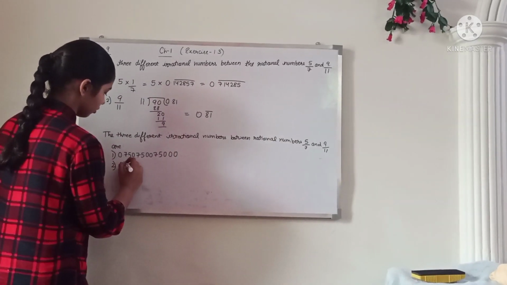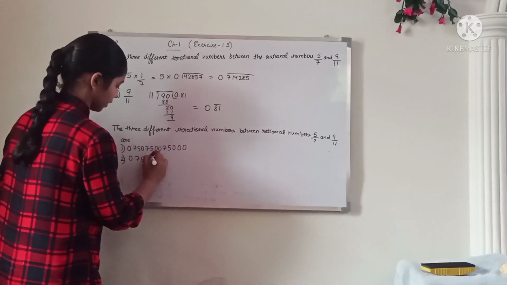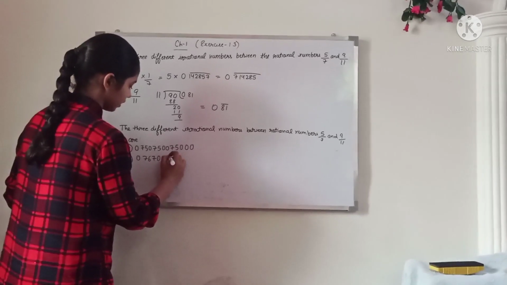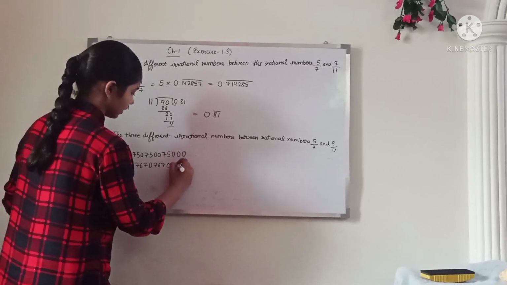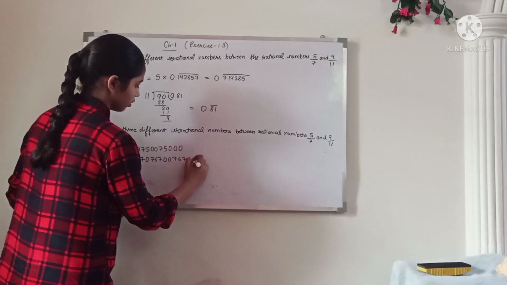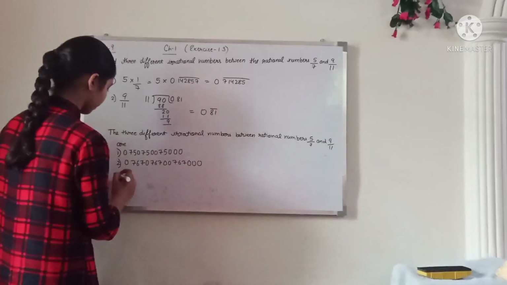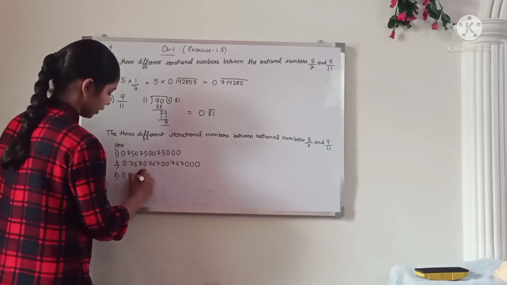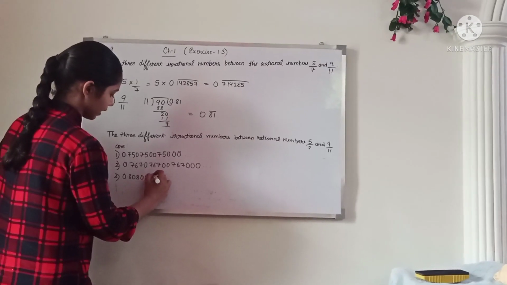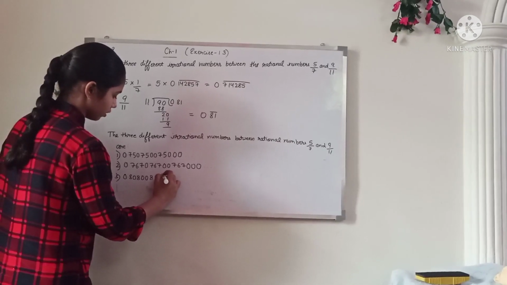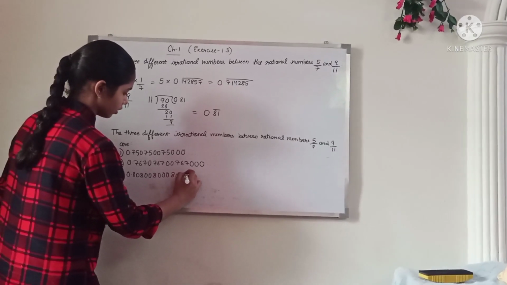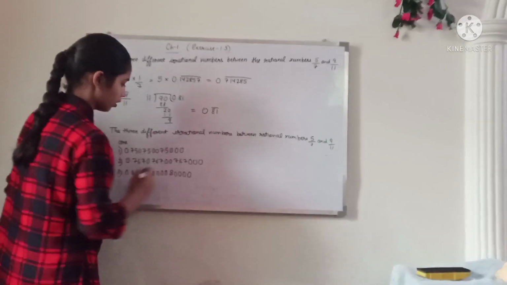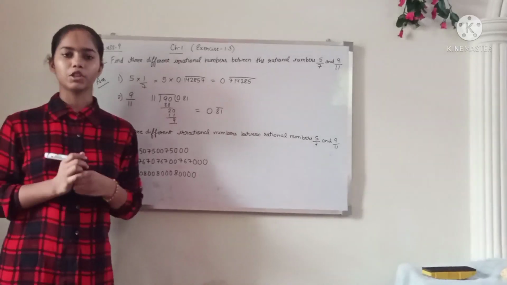Second is 0.7670 7670 and so on. Now the third one is 0.80 800 8000 and so on. So this is question number 8.